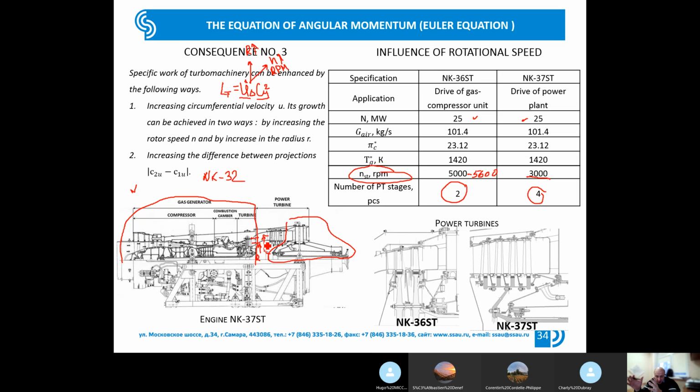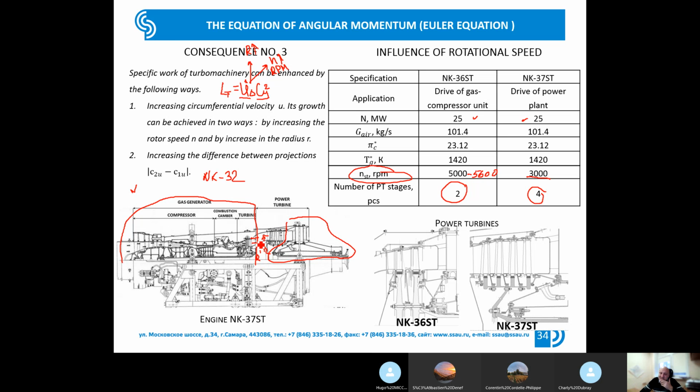But of course you understand that so many stages strongly increase the cost of manufacturing such a turbine. And that's why if you increase the radius of the turbine, you increase the circumferential velocity u, it increases the specific work of the stage, and finally it reduces the number of stages.